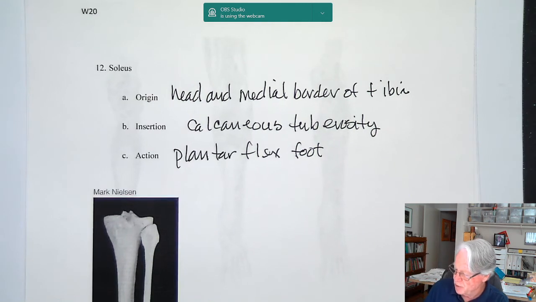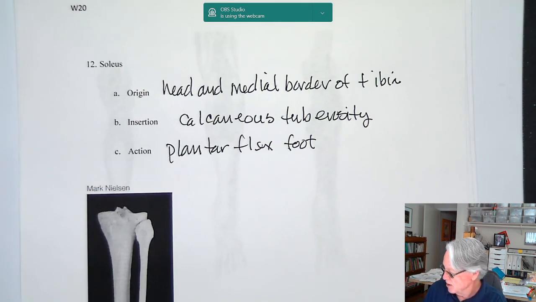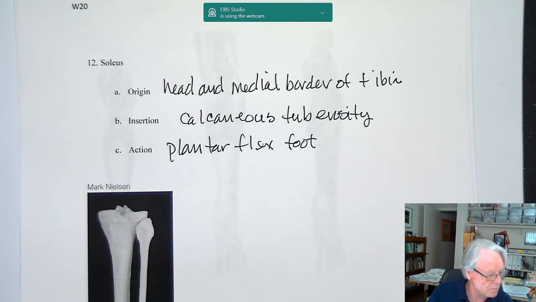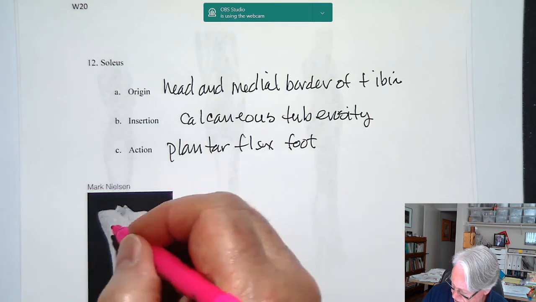Head and medial border of the tibia. So that's right here. And it's going to be posterior. So we're going to just put this in here. This is the medial side.